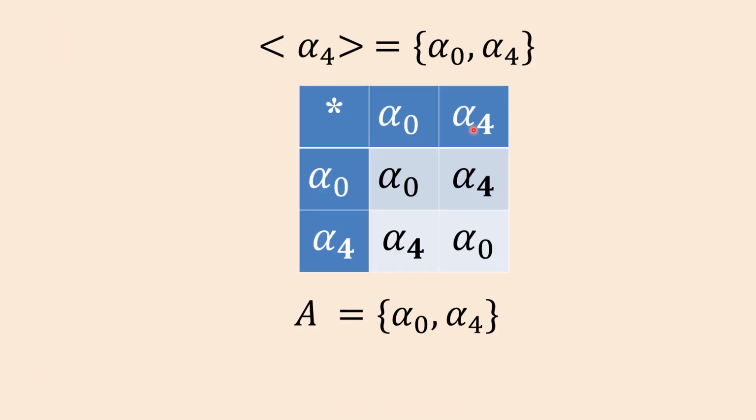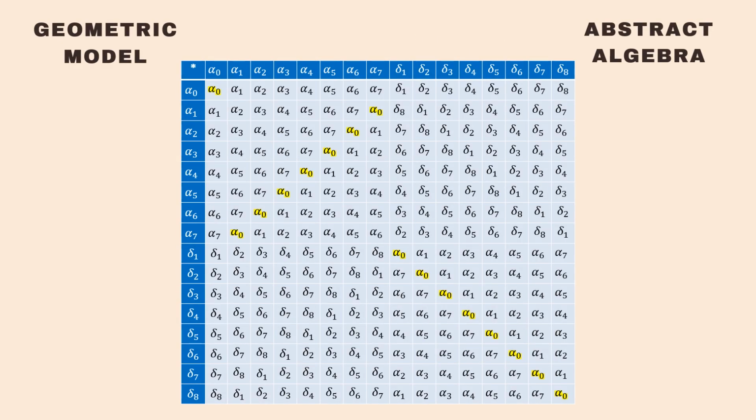Now let's try to combine this subgroup with two other subgroups. So let's name this A. In the table, consider an infinite set C. Here, the deltas, let's say this is infinite set C, delta 1 to delta 8.